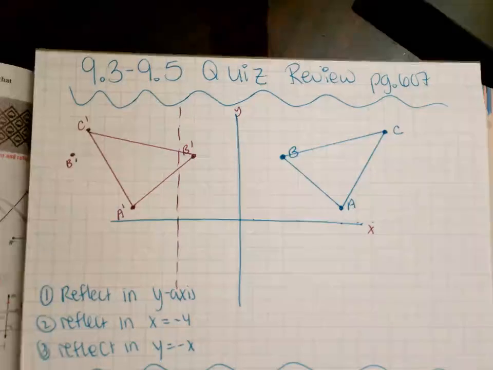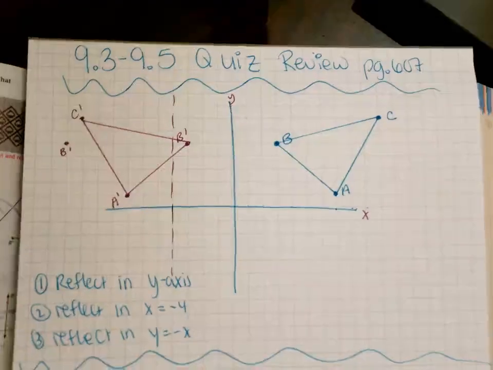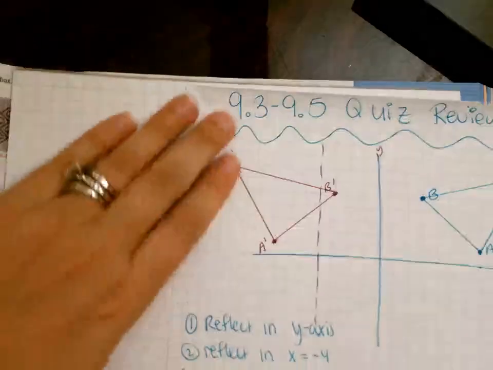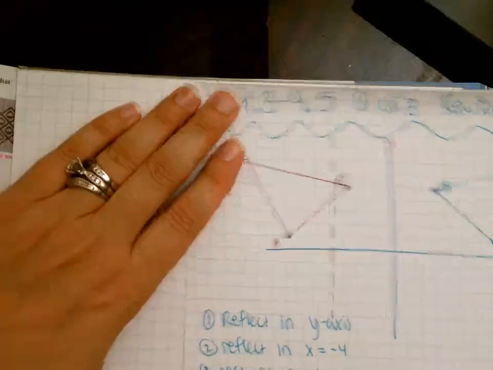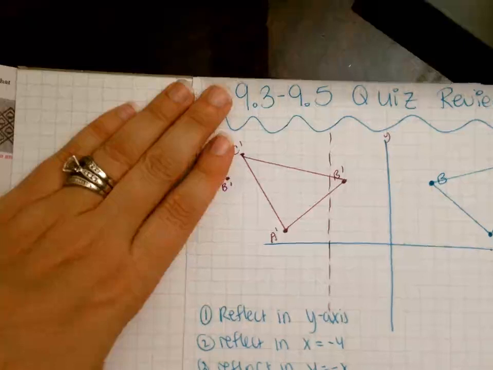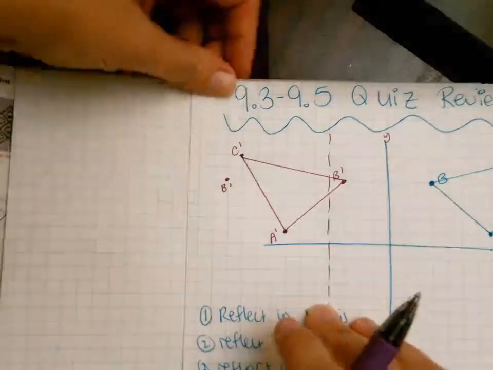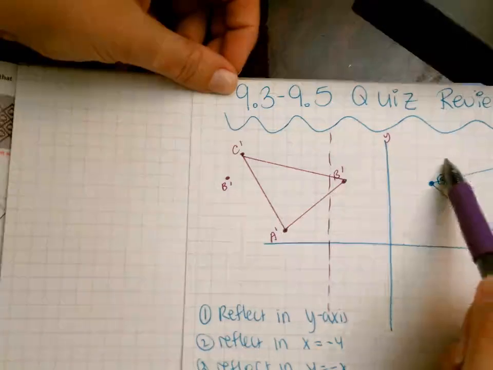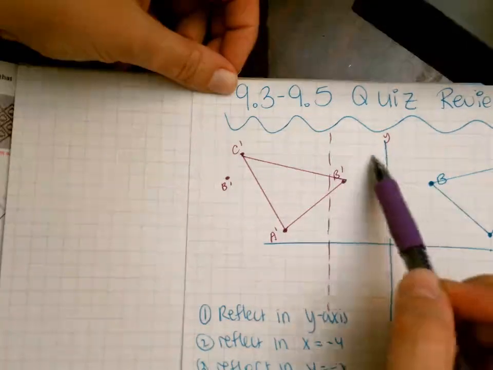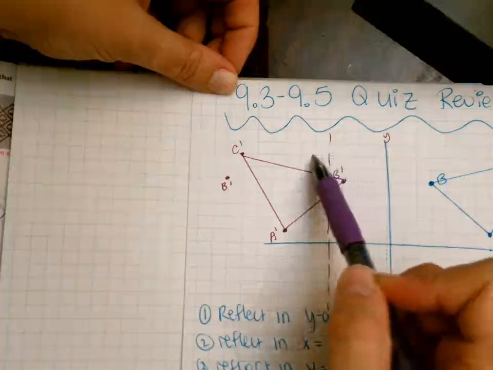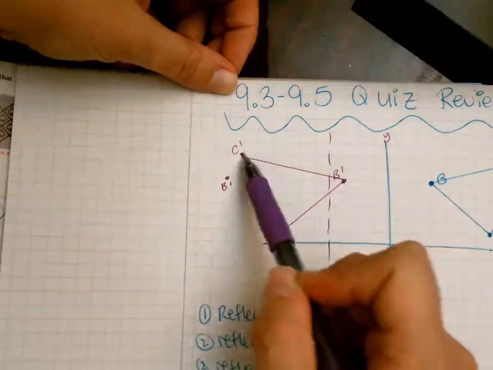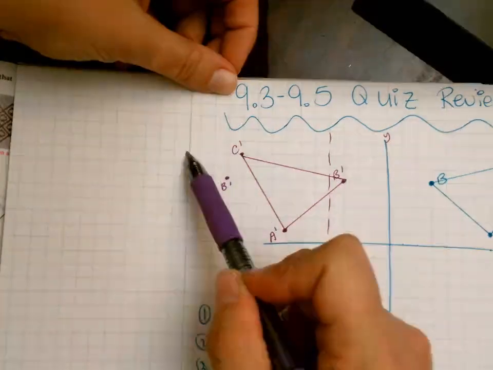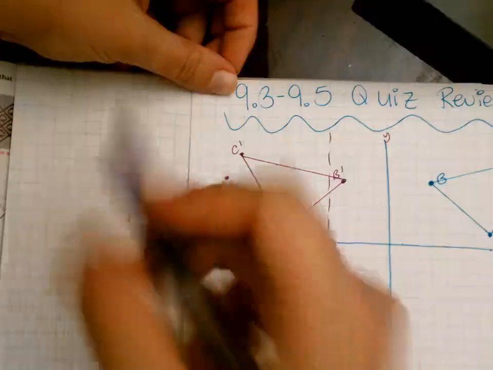This is going to end up being off of our paper, so what I'm going to do is extend my paper. Alright, so 1, 2, 3, 4, 5, 6, 7, 8, 9, 10, 11, 12, 13, 14.